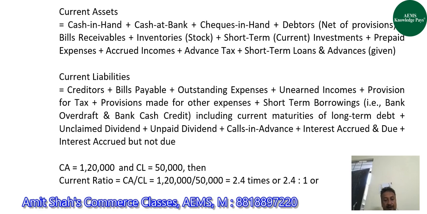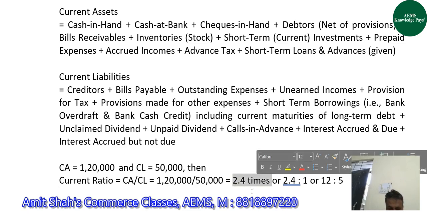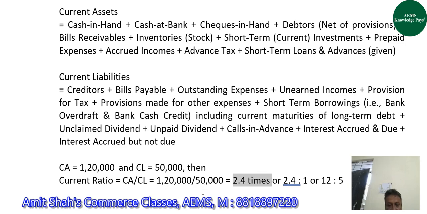Have you got me guys or not? Or you can also write it as 12 is to 5. But when we write it like this, it gives us a clear picture that current assets are 2.4 times of current liabilities. Right?